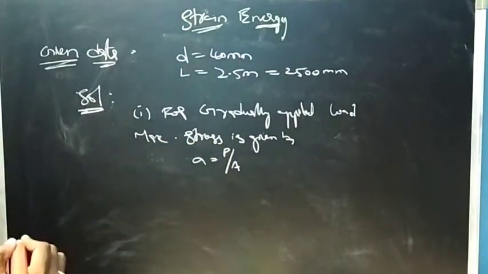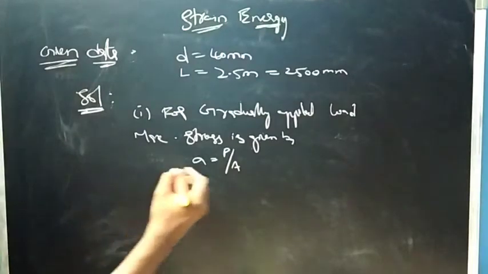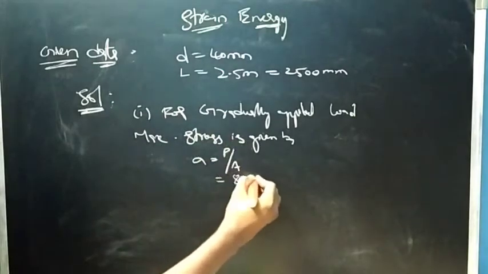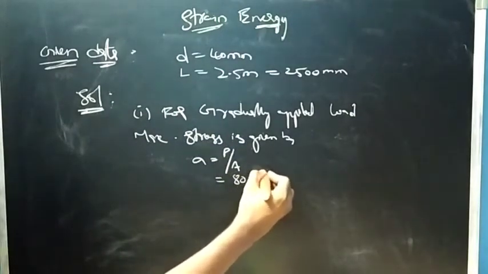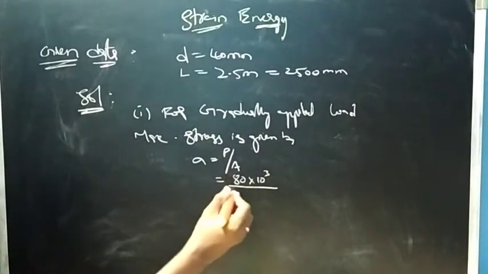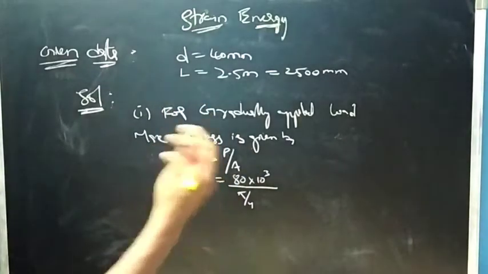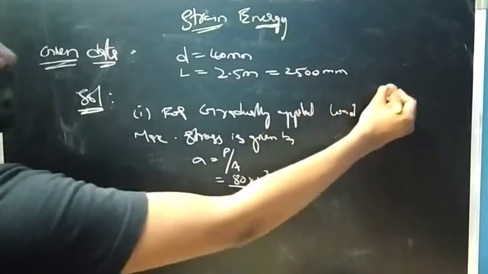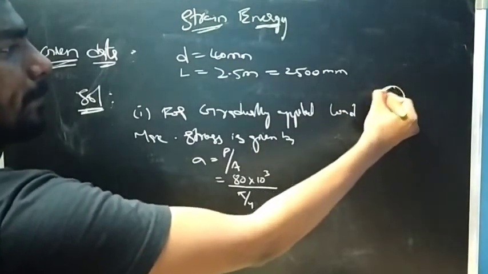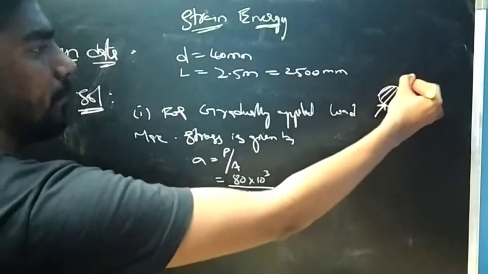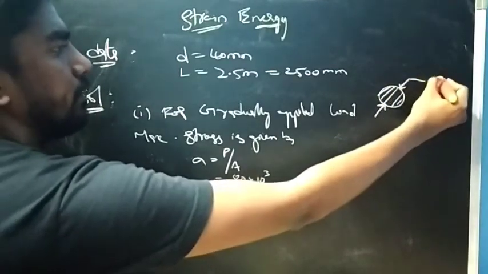So now we can write 80 kilonewton, converted into newtons, 10 to the power of 3. Area is pi by 4 d square because it is a bar of circular section, and the diameter is 40 mm.